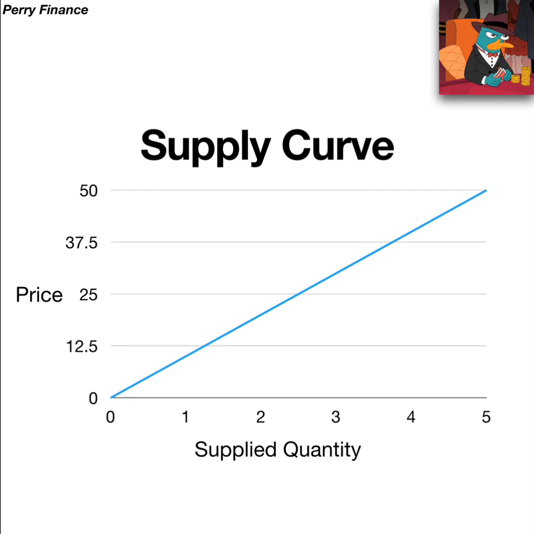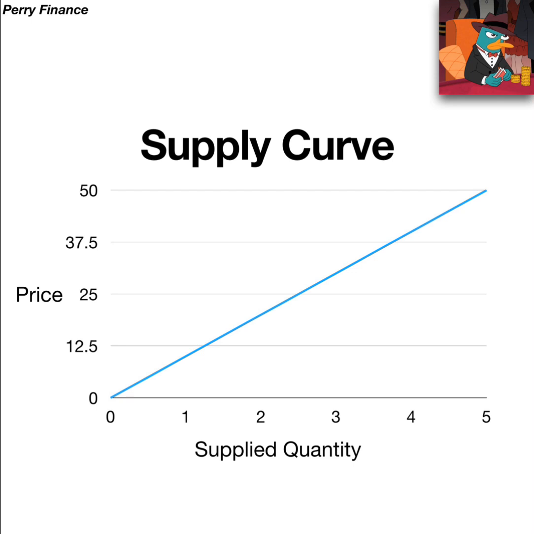So, in general, when there are many sellers of a good, an increase in price results in an increase in quantity supplied, and this relationship is often referred to as the law of supply. And then, for any price, there is a specific quantity supplied. This is the concept of the supply schedule, and the graphical representation of the supply schedule is the supply curve.